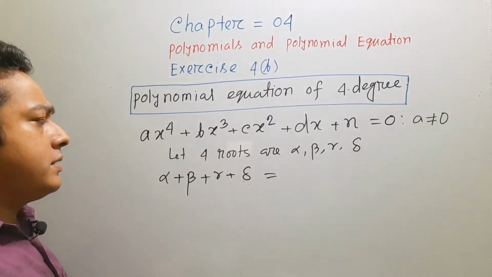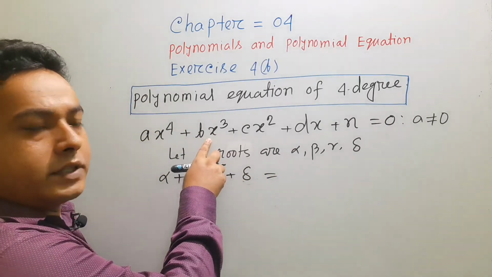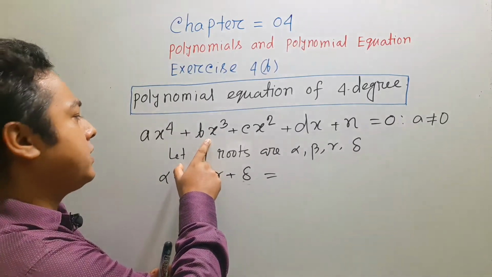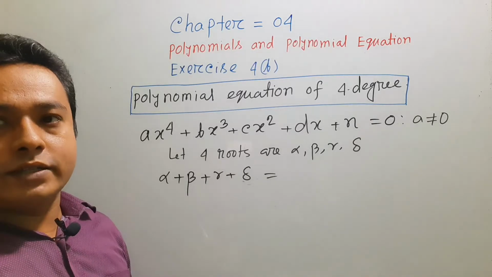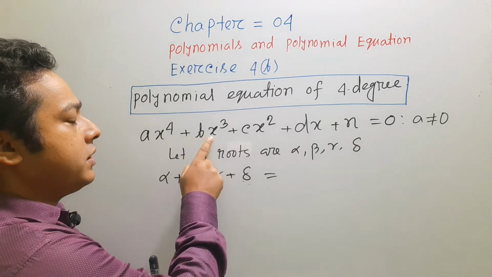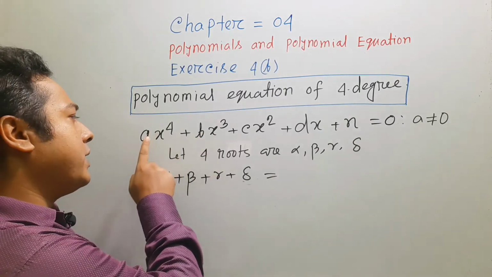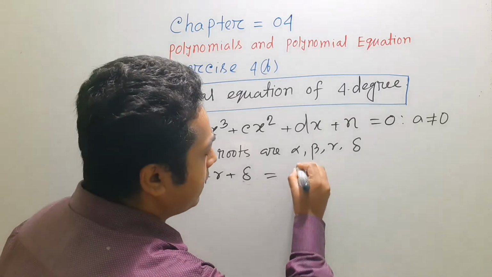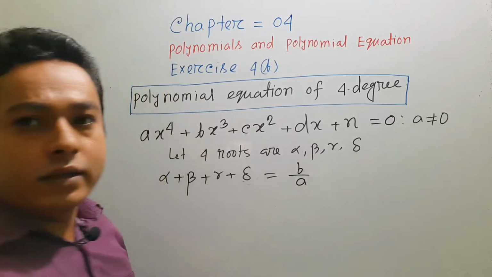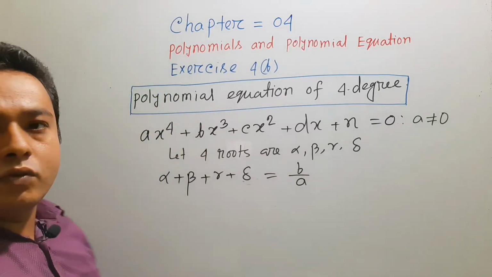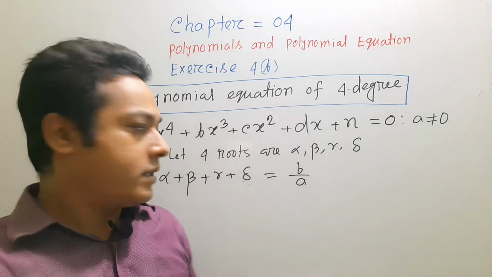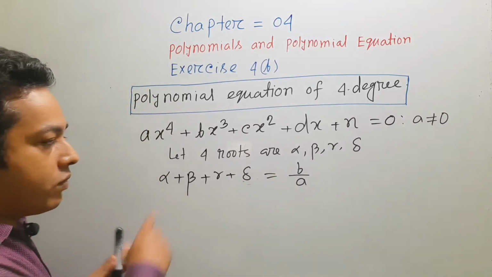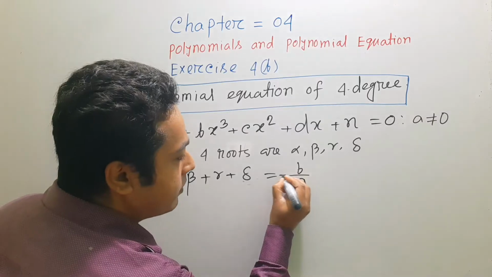The technique: starting from the second term, the coefficient of the second term divided by the first term coefficient, which is a. So b divided by a. But what will be the sign? If the number of roots taken is odd, the sign will be negative. Here the number taken is 1, so the sign will be minus.